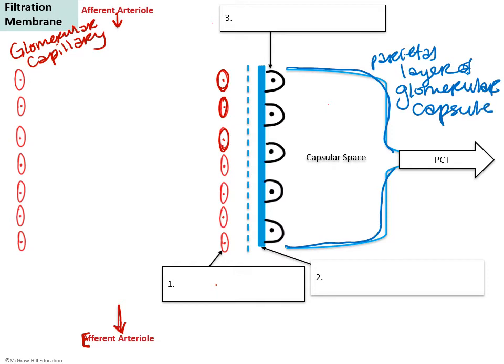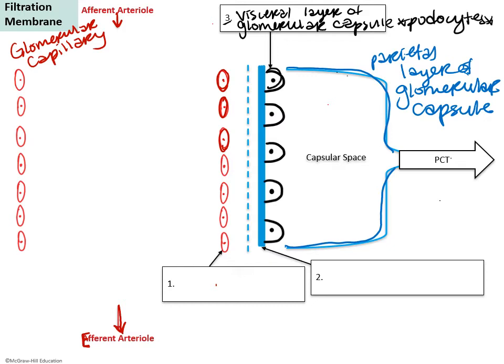What this is pointing to, number 3 specifically, is those podocytes, but this is that visceral layer of the glomerular capsule. So remember, this is composed of podocytes specifically. So that's what these cute little black guys are supposed to be there.